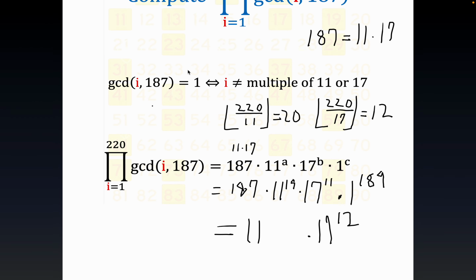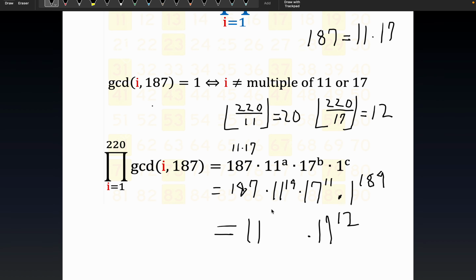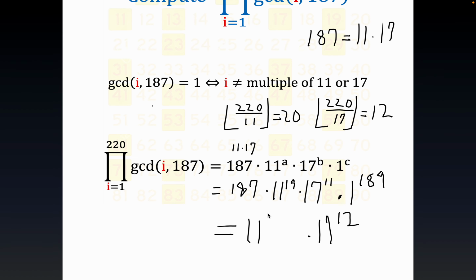Sometimes this thing just goes crazy on me. I don't know what is happening. Okay, so 17, this is 11 to the 20th. There we go. A little nicer. See, that was 11 to the 19th. But that's our final answer because obviously 1 to anything is just 1. So we get 11 to the 20th and 17 raised to the 12th power.